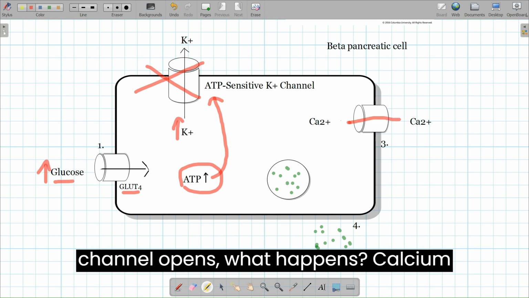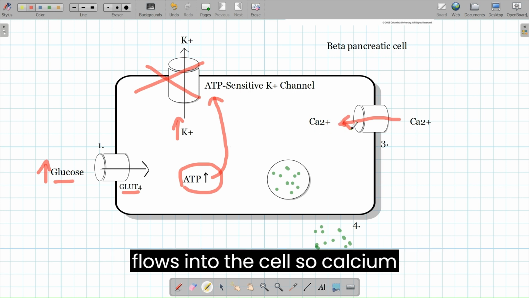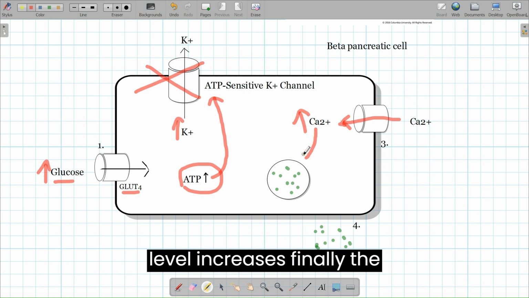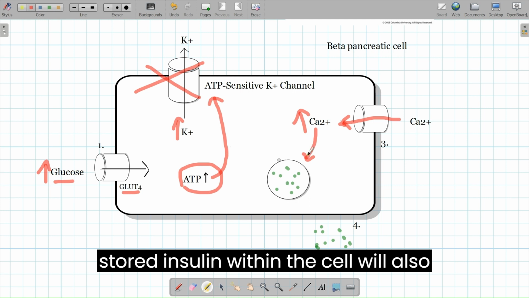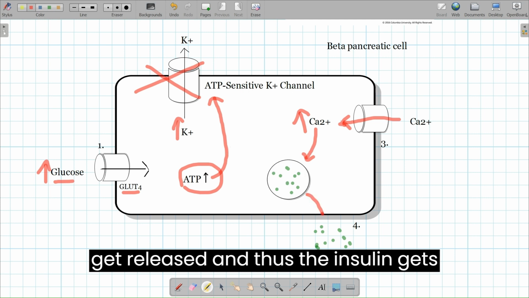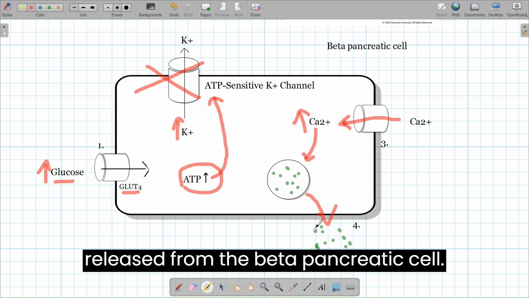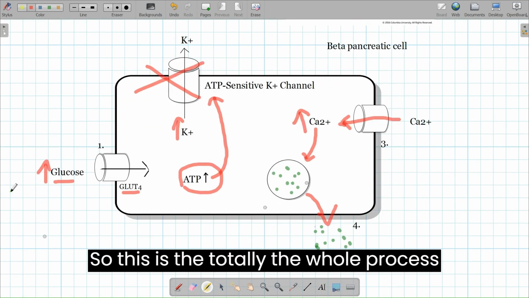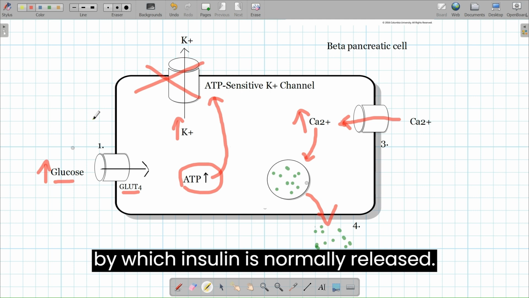When the calcium channel opens, calcium flows into the cell, so calcium levels increase. When calcium level increases, finally the stored insulin within the cell gets released from the beta pancreatic cell. This is the whole process by which insulin is normally released.